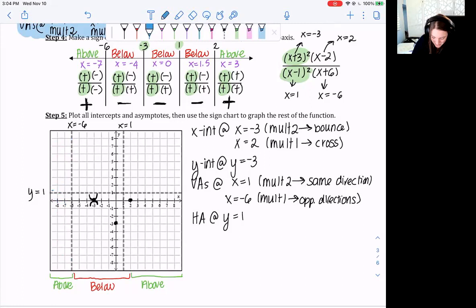Okay, so it has to be this one for a bunch of reasons. One, because it's above the x-axis, right? So this is the only region that's above. Two, if it were in this region here, it would have to cross the x-axis. And if you cross the x-axis, then you're an x-intercept. I also don't like the way the shape of that one turned out.